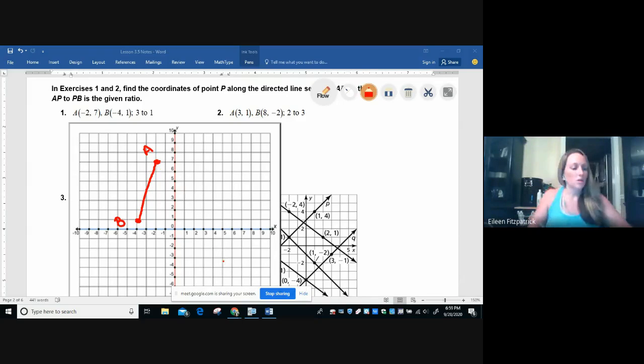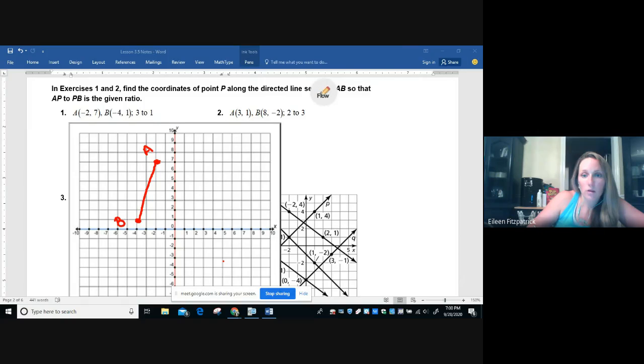Okay, so you want to find this point P. Point P is somewhere along this segment, and point P has to be in the ratio of 3 to 1. It says you want this point P along the directed line segment AB so that AP to PB is in the given ratio, right?